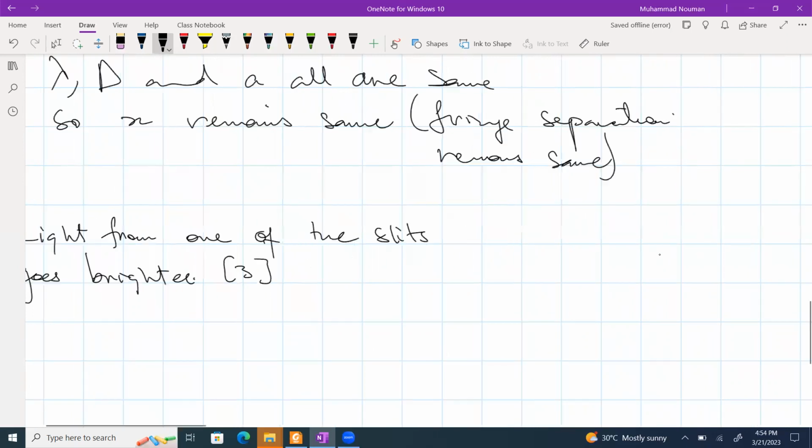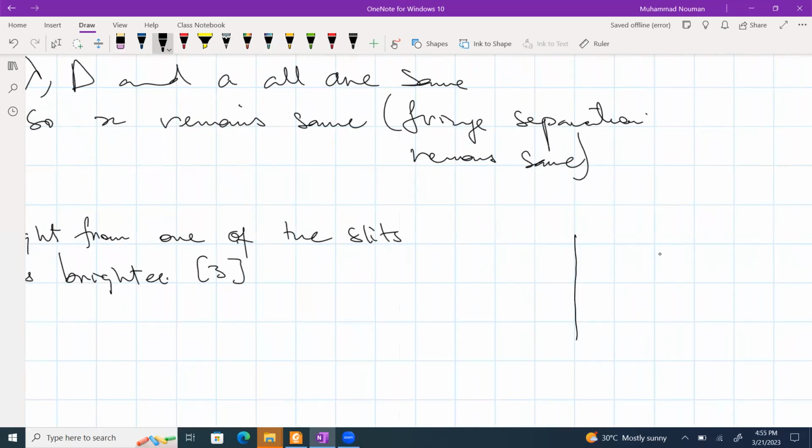First of all, let's discuss the bright fringe. Previously, bright fringe was formed like this: 2 plus 2 makes 4. Now the bright fringe is formed like 3 plus 2, makes 5, right?